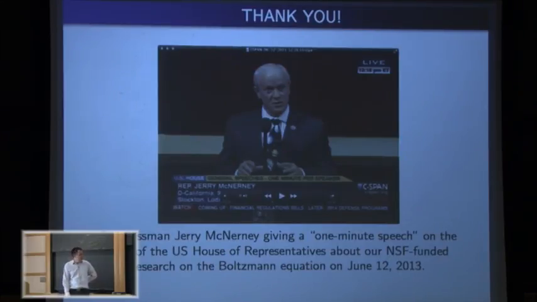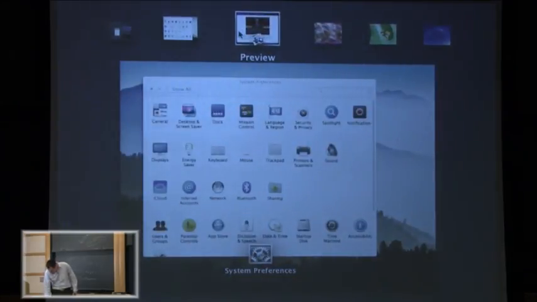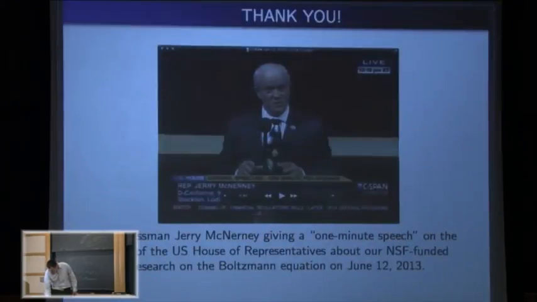And Jerry McNerney got a math PhD from UC Davis, and he's now in the House of Representatives, and his aide saw Phil, I'm not 100% sure he may have actually met with Phil, and he gave a one-minute speech on C-SPAN.